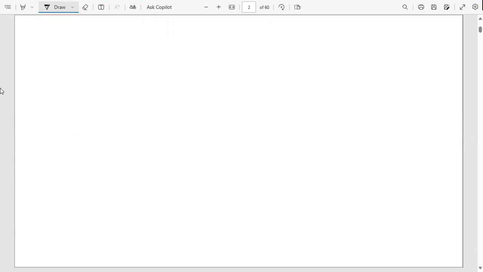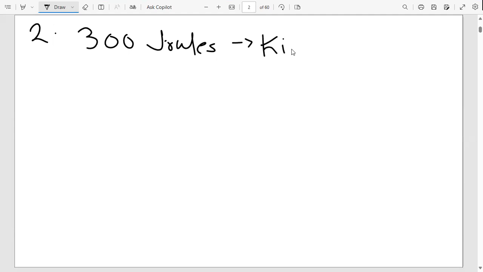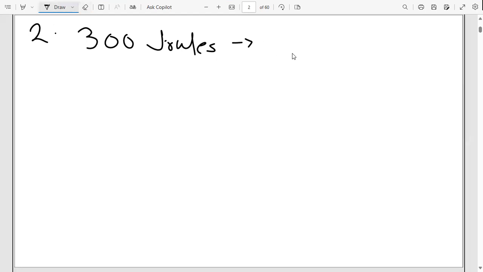They are telling us that this defibrillator delivers 300 joules of energy. 300 joules. And we want to convert this into kilojoules.